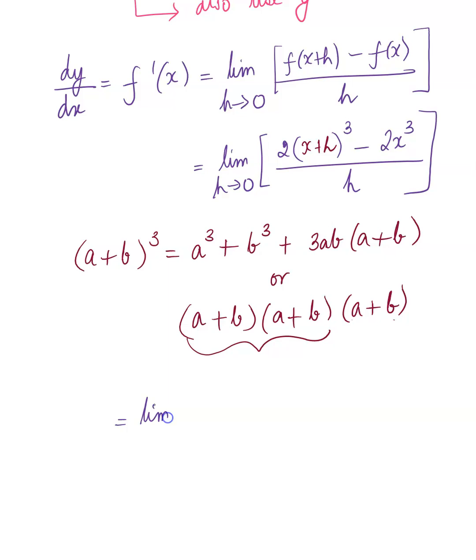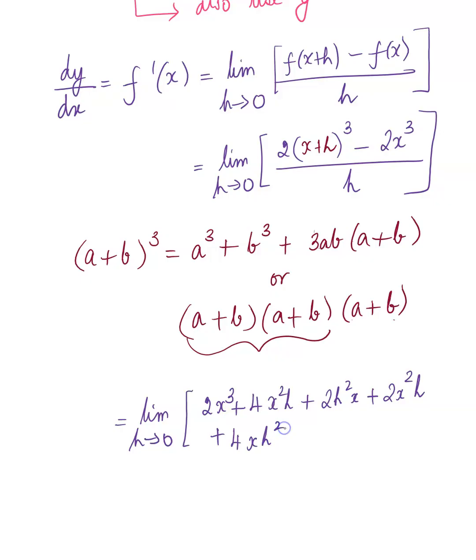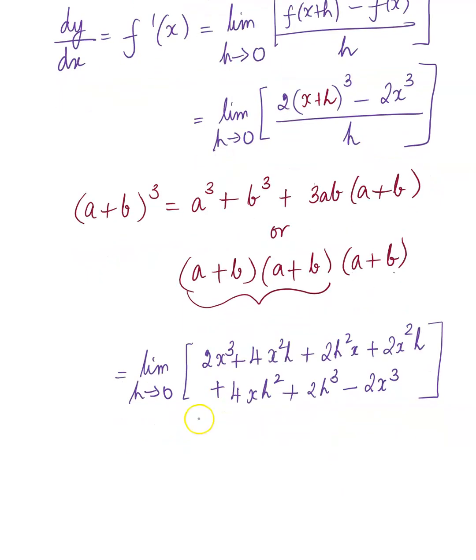Coming back to the problem, because I'd like to get them individually, this 3ab times a plus b, I've also distributed it. That's coming from the last term there, all over h.